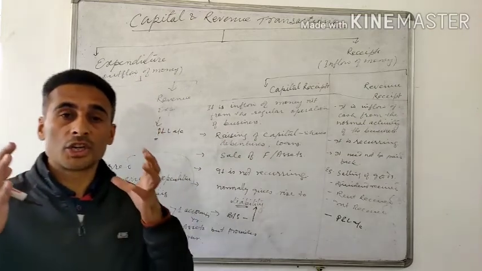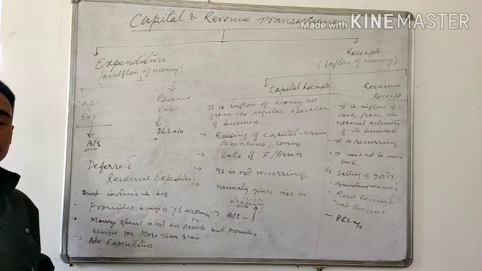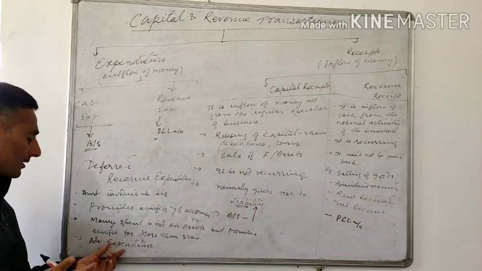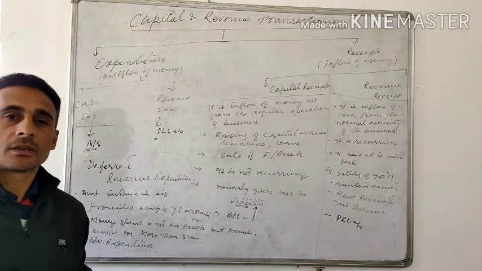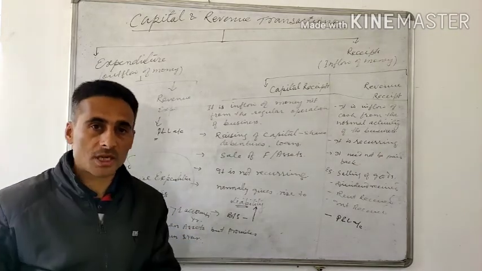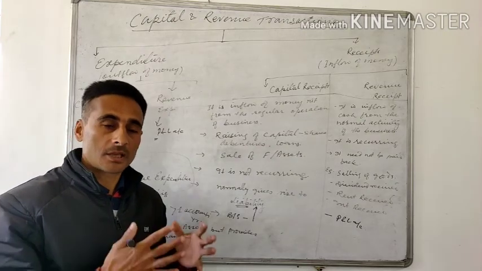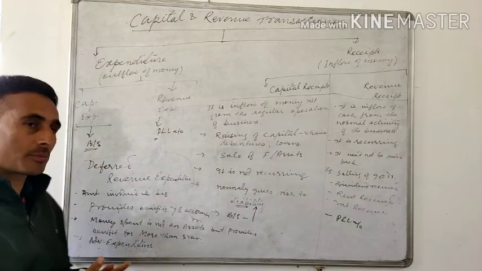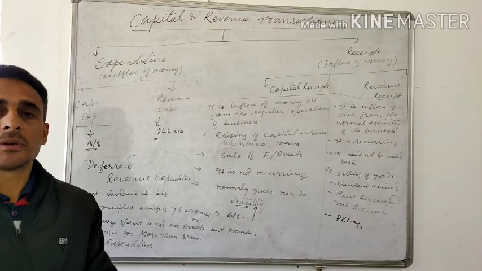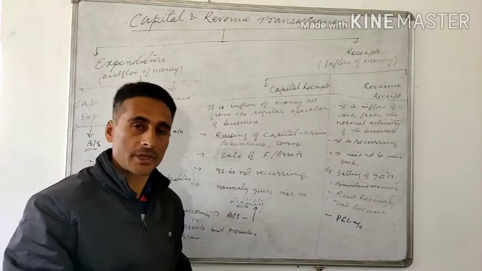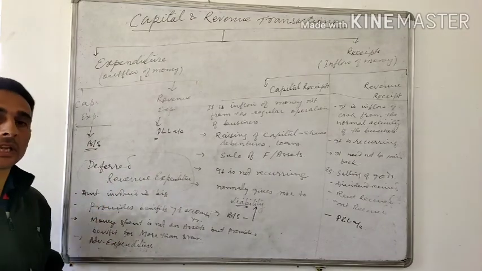on launching a new product is an example of deferred revenue expenditure, because the amount spent on this advertisement will be huge, and this amount is spent to advertise that new product, right? And the benefit that this advertisement will give is for a long period of time, for more than one accounting period, right? That is why this will be termed as deferred revenue expenditure.